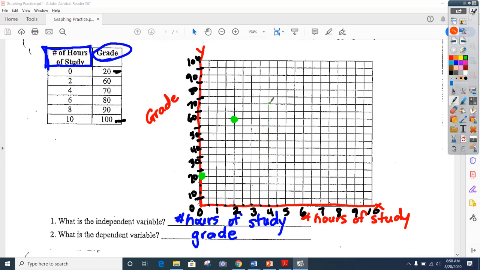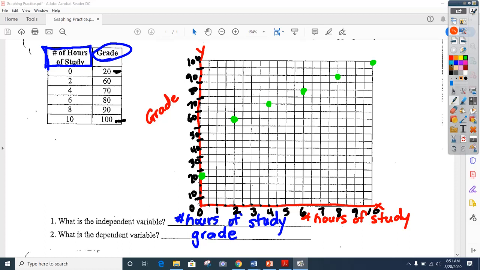The student's grade was a 70. 6 hours, the student's grade was an 80. 8 hours, a 90. Let's see, sorry guys, right there. And at 10 hours of study, student's grade was 100.